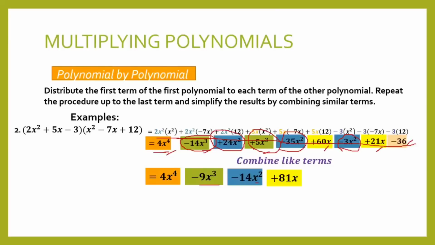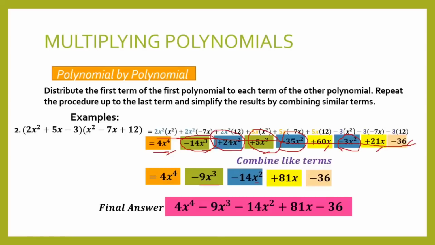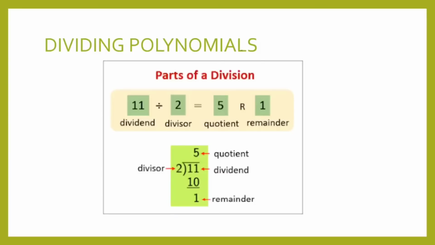And for our fourth term, the sum of 60x and 21x is 81x. Then we add the last term, which is negative 36. We rewrite, and our final answer is 4x raised to 4 minus 9x cubed minus 14x squared plus 81x minus 36.